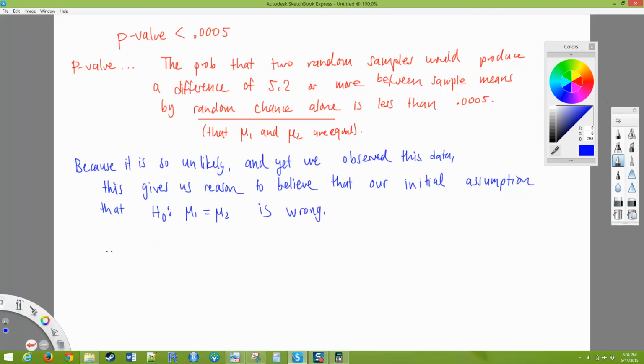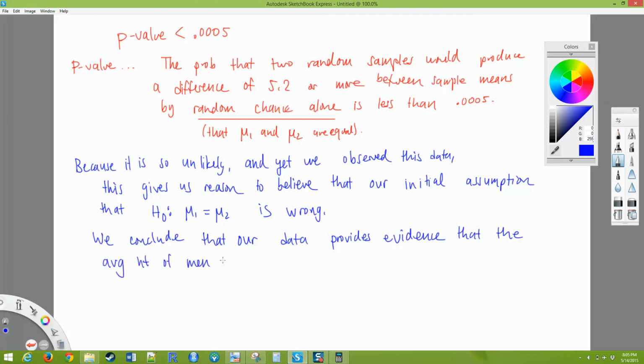Okay, so we conclude that our data provides evidence that the average height of men is higher than the average height of women.